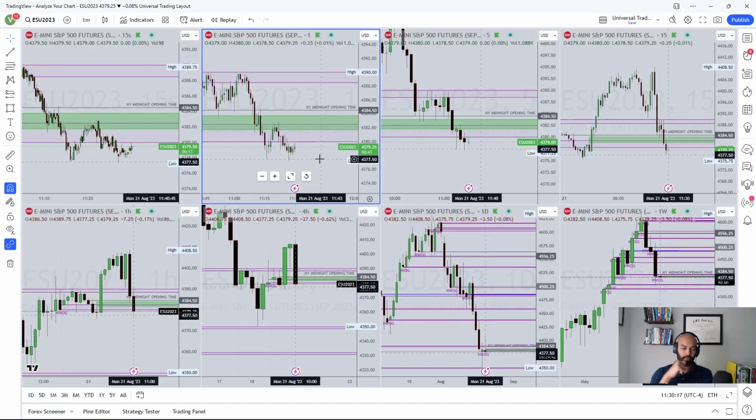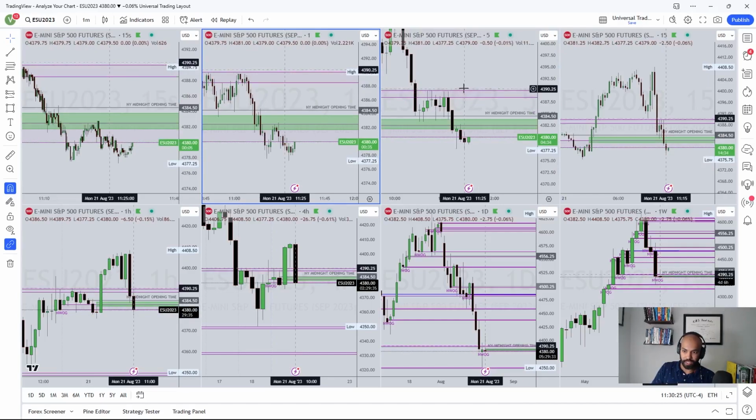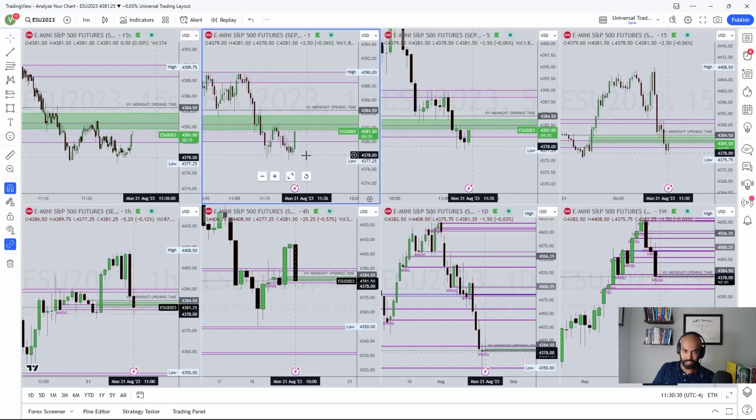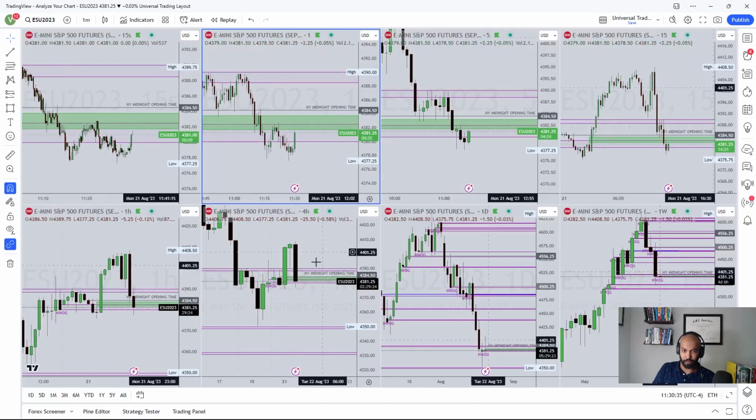But one of my best trades that I've done in the past have been the lunch macro trades. I see these relative equal highs right here. Lunch is in about 30 minutes. I think there's a good chance the market's going to go and take out these relative equal highs if we're bearish for the day.